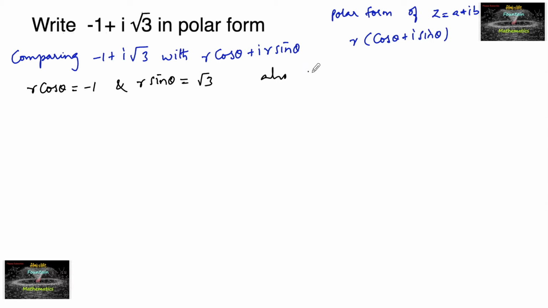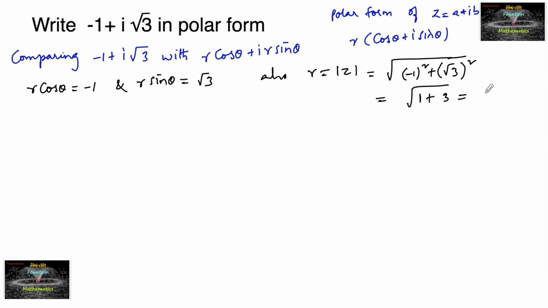Also r is equal to mod of z, that is root over minus 1 whole square plus root 3 whole square. Which is equal to, minus 1 whole square is 1, root 3 whole square is 3. So root over 1 plus 3 is root 4. So we'll take plus or minus 2, but r is positive. Since r is positive, we consider r is equal to 2.